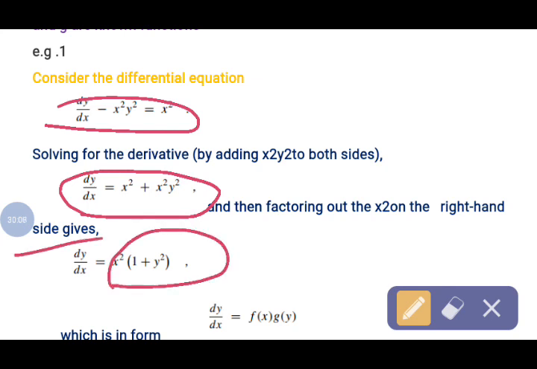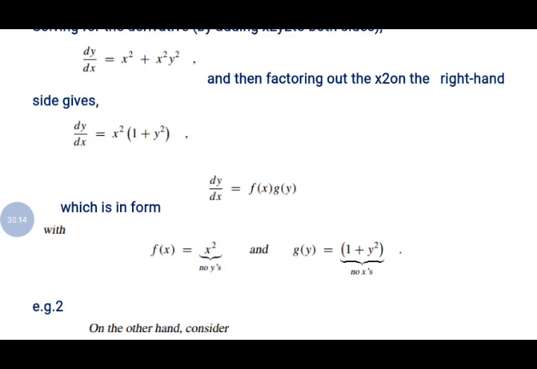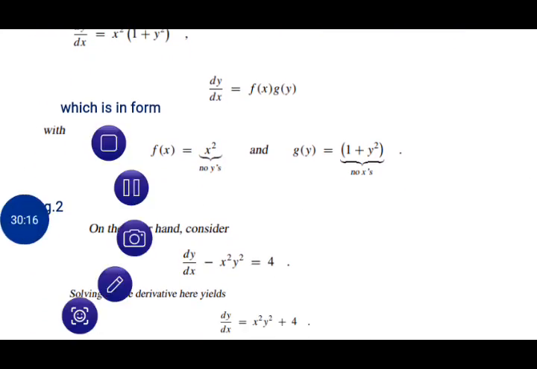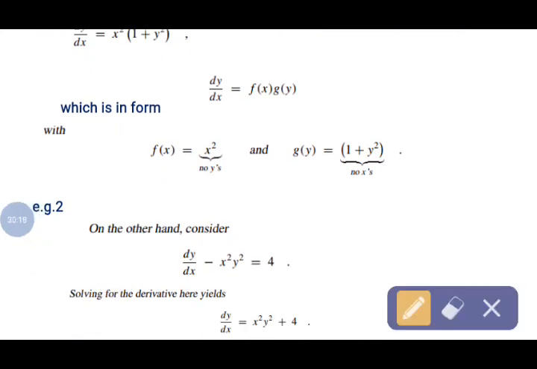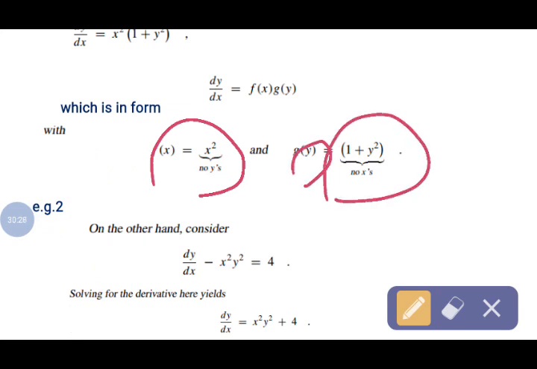Then we can simplify it in dy divided by dx form. Then f of x is equal to x squared, no y exists in this term, and g of y is equal to 1 plus y squared, no x is found.